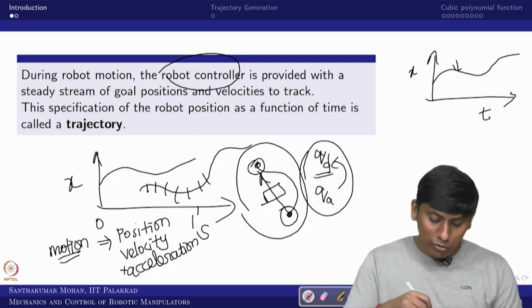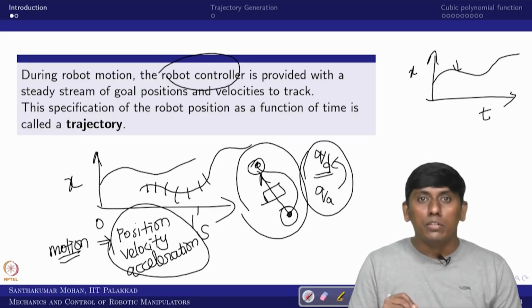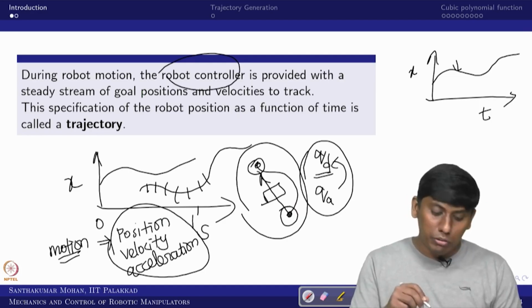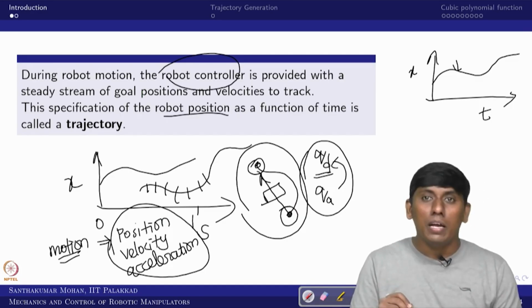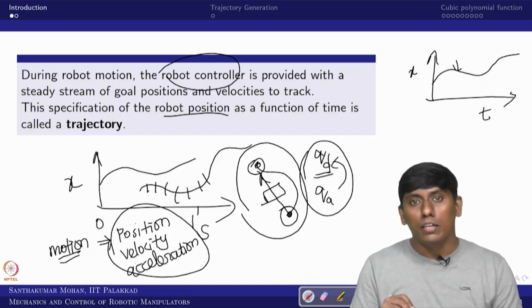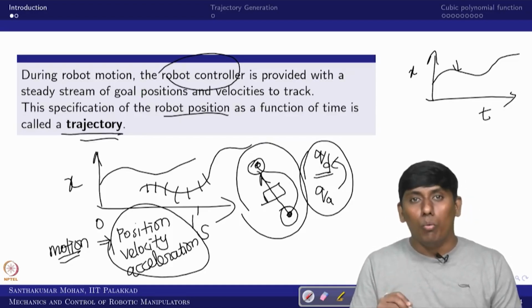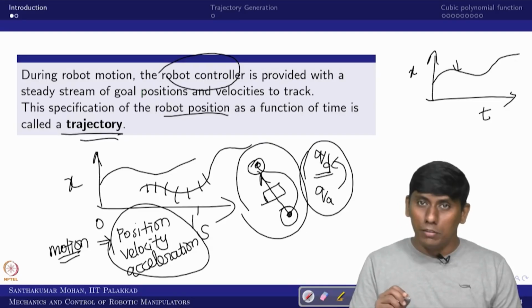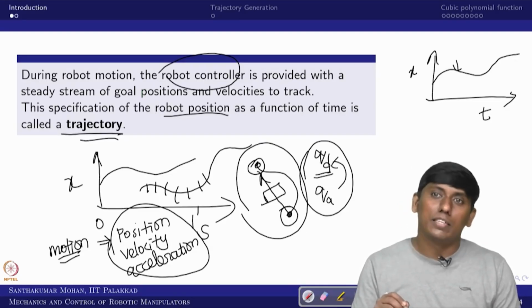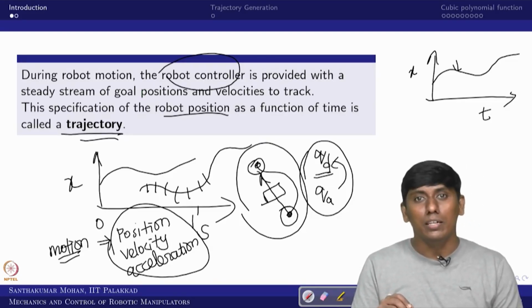For that we are going to specify the robot position as a function of time. That is what we call a trajectory. One way of defining a trajectory is the specification of a robot position as a function of time.